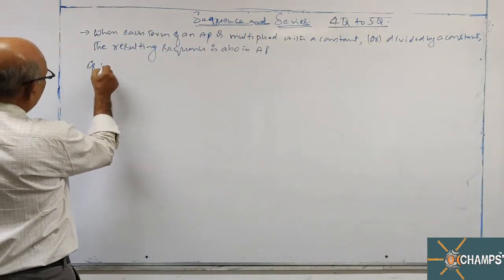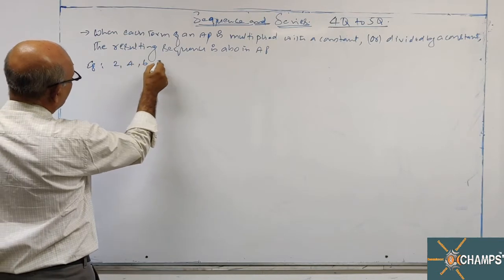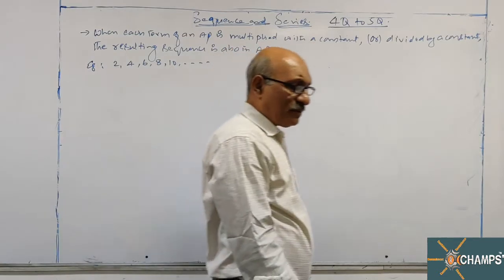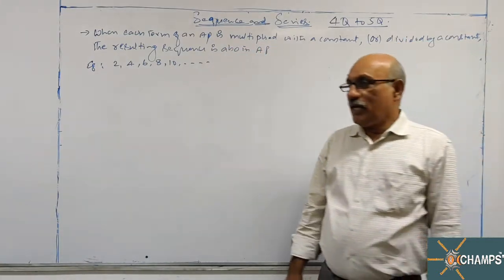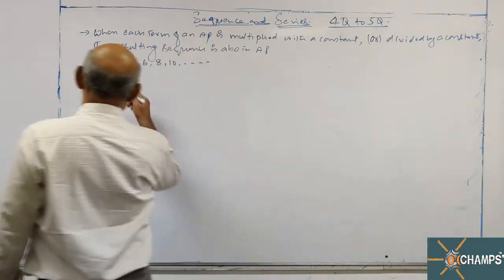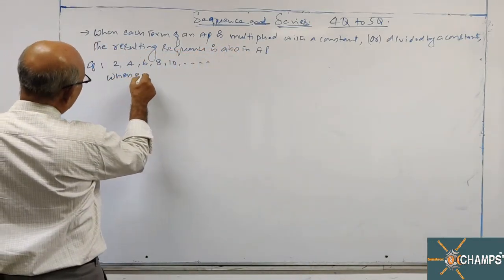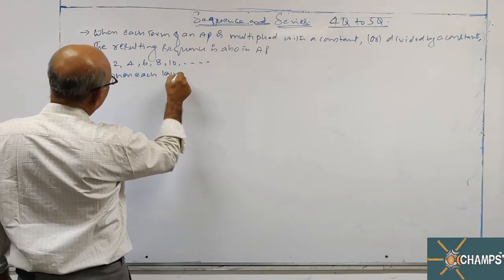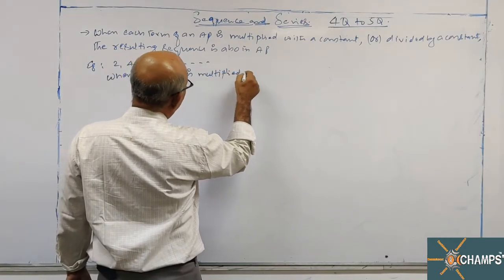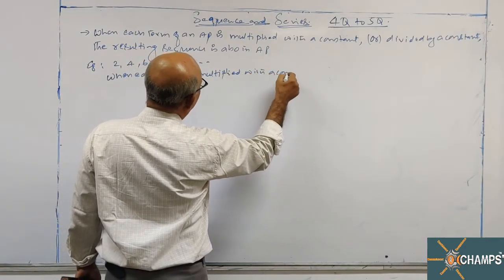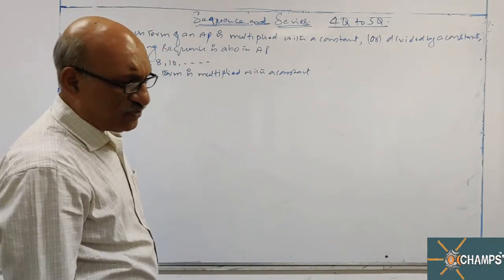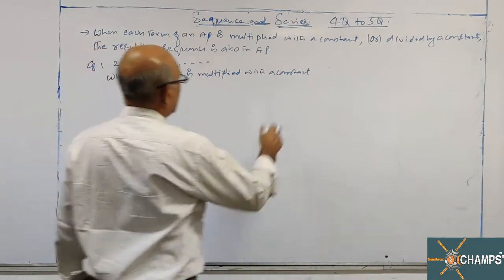Let us see, sir, for example, 2, 4, 6, 8, 10, etc. This is the sequence given. Now what I am doing, each term of this sequence I am multiplying with a constant 3.